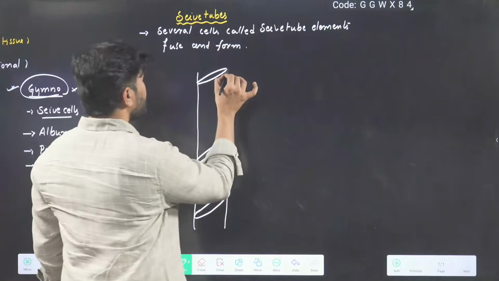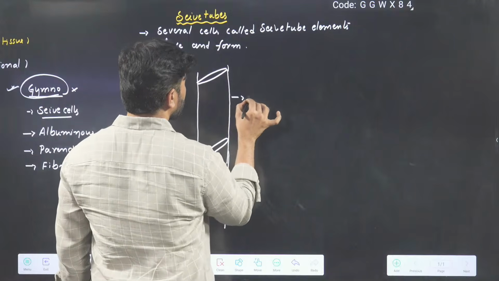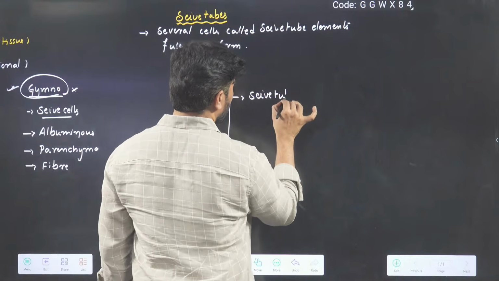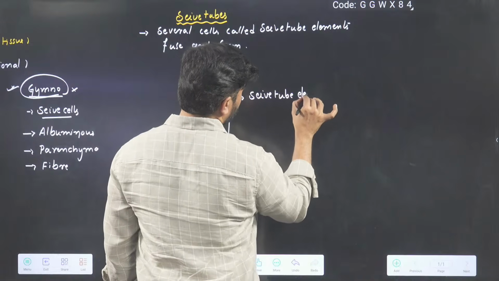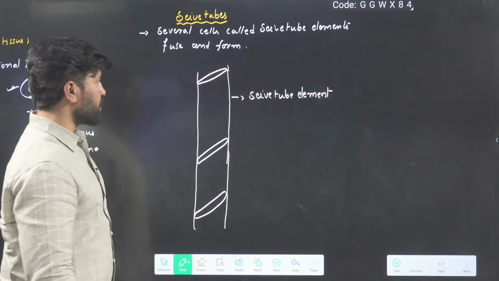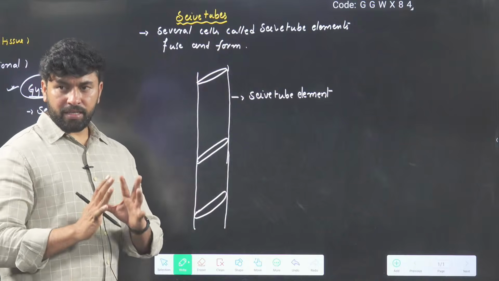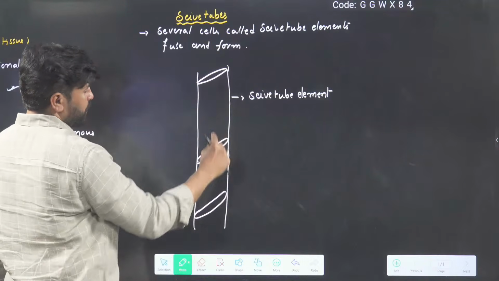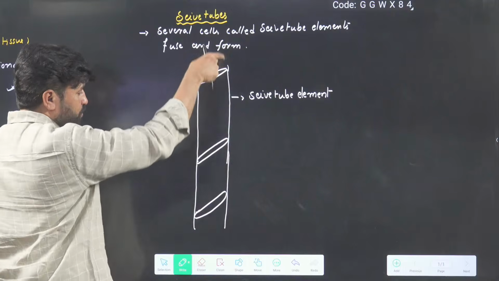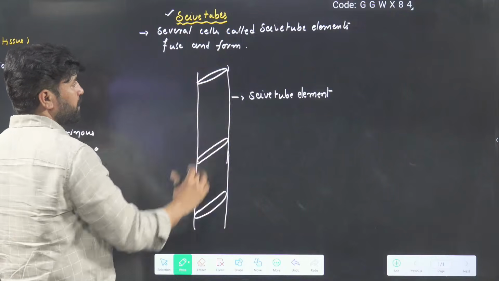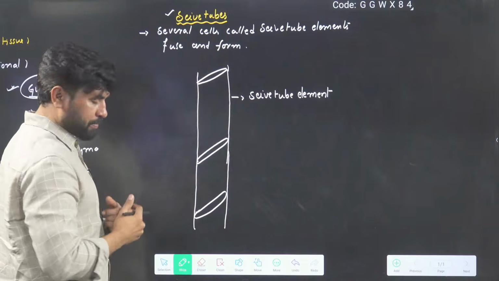Sieve tube element means one cell. This cell, you can see, one will be fused with another. This overall body is known as sieve tube. One is called sieve tube element.